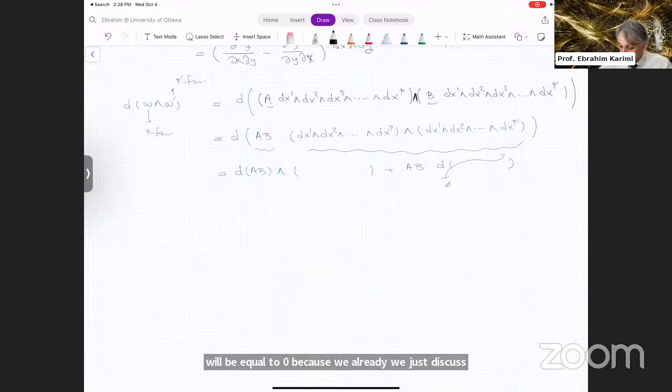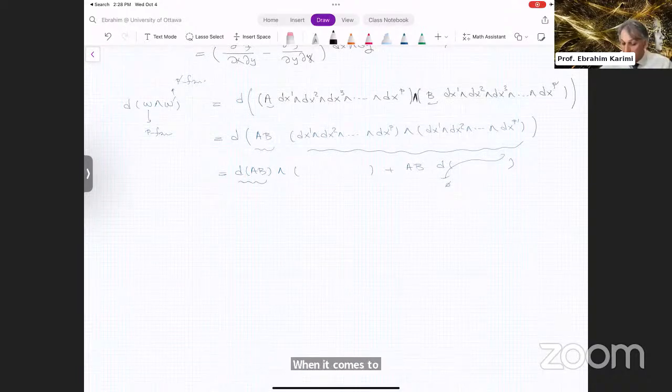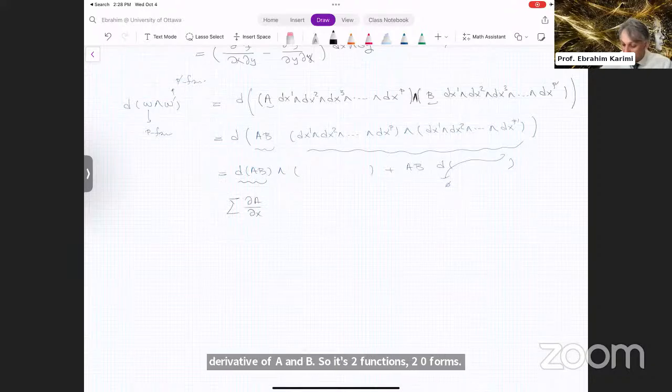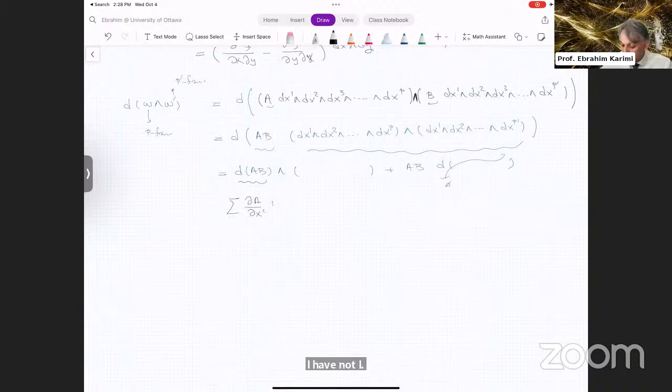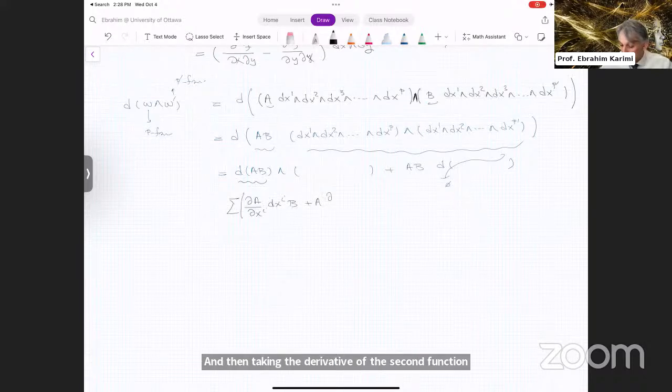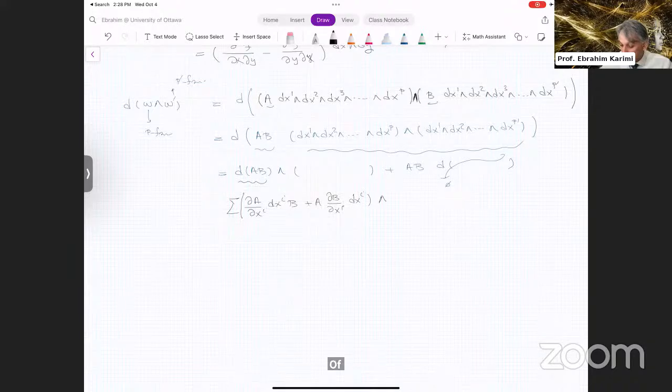Now, when it comes to this derivative, it is the derivative of a and b. So it's two functions, two zero forms, and the result will be the derivative of a with respect to xi times dxi, times b, and then taking the derivative of the second function, a times the derivative of b with respect to xi times dxi, which requires the wedge product with the rest.